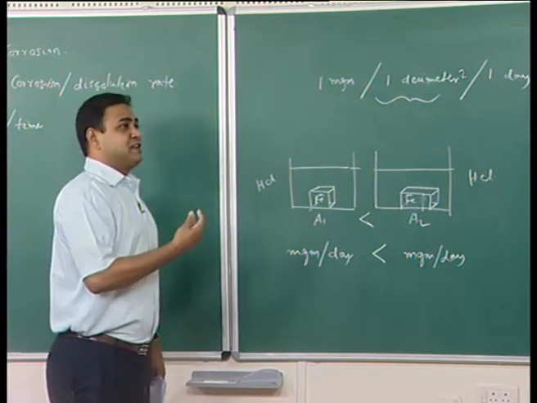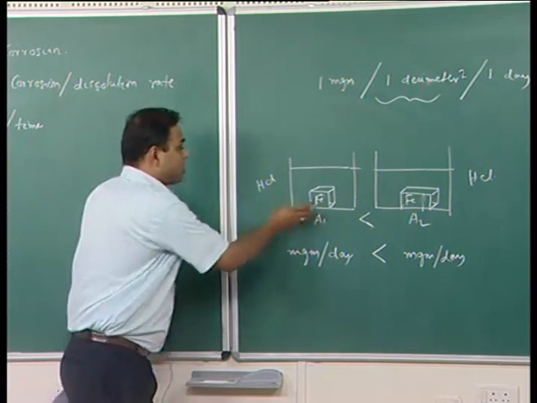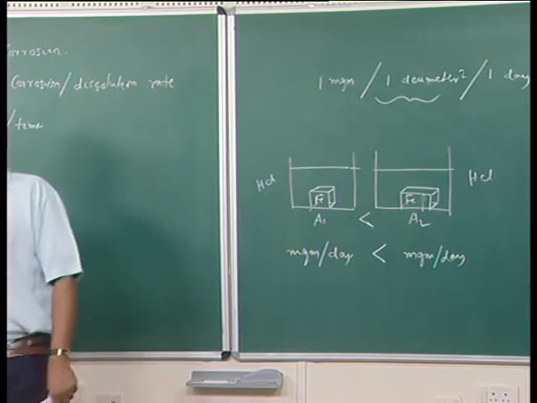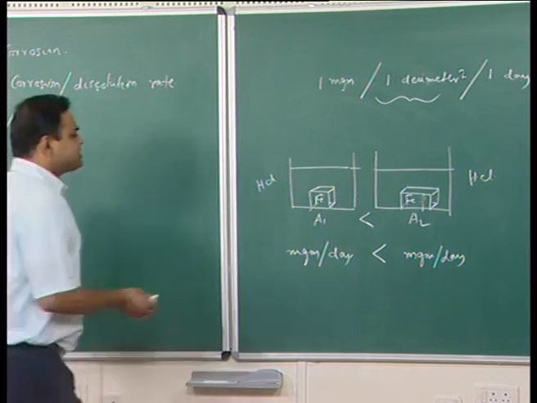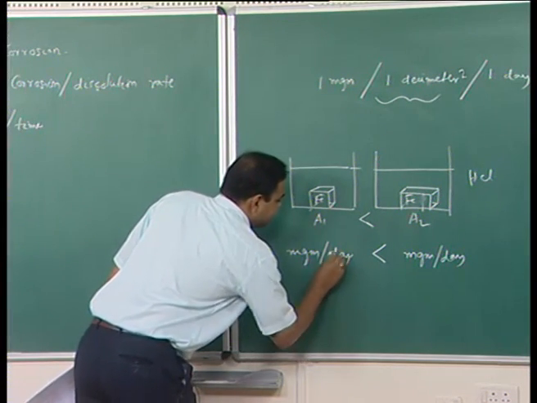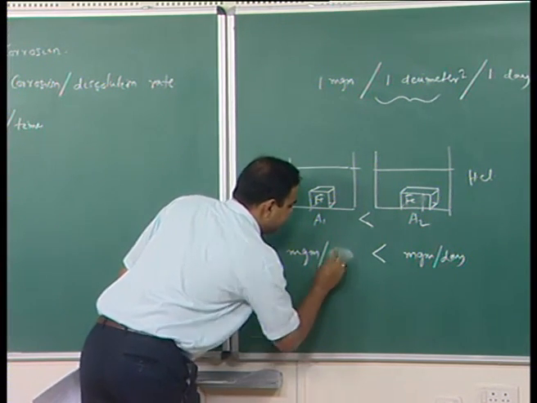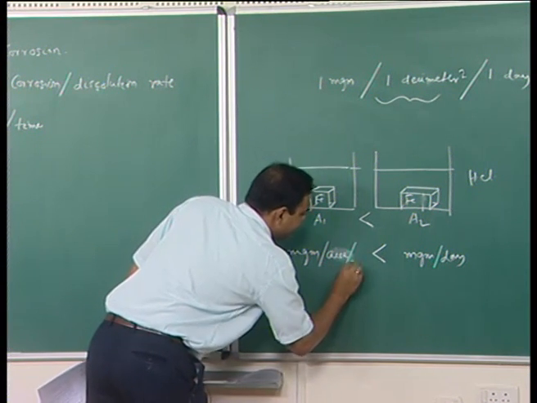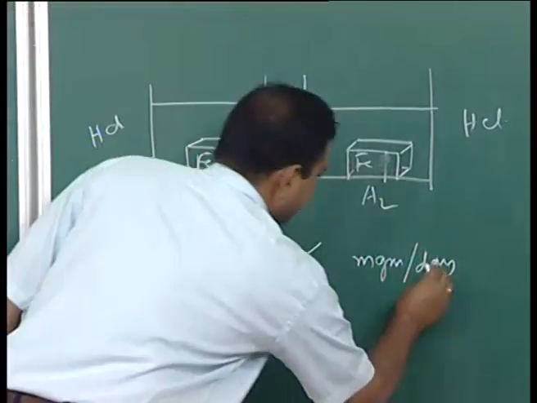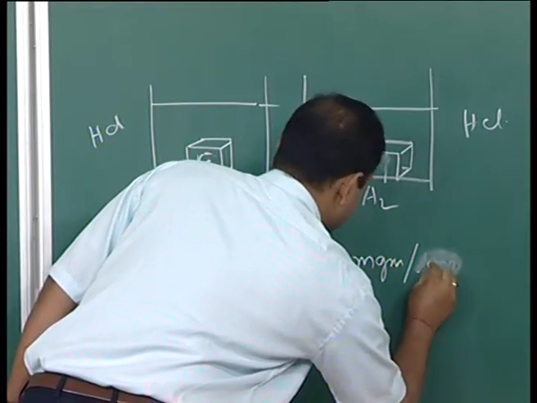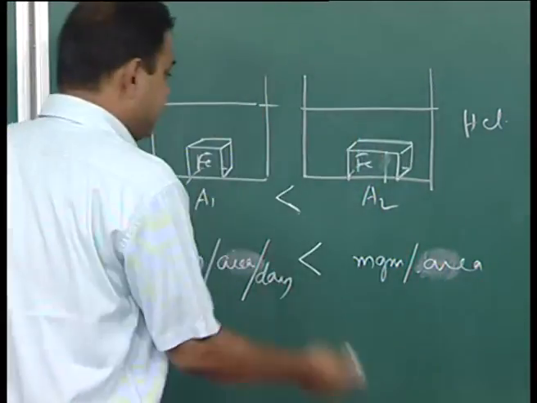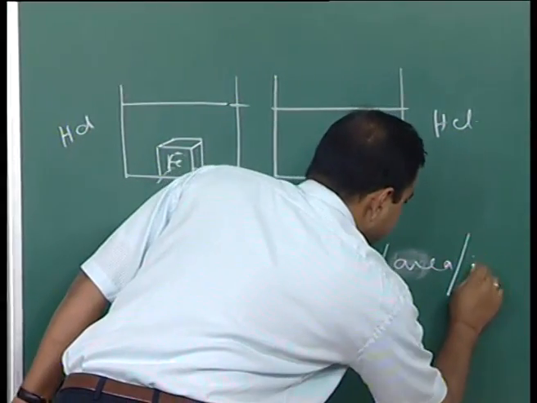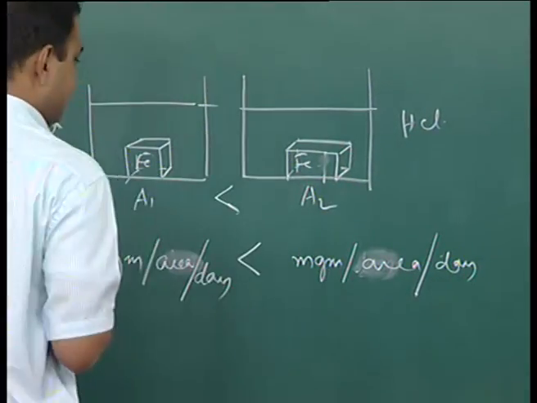The main thing is we have to normalize this corrosion rate with respect to area. How to normalize it? You just have to divide it by another parameter, which is area, and then per day.